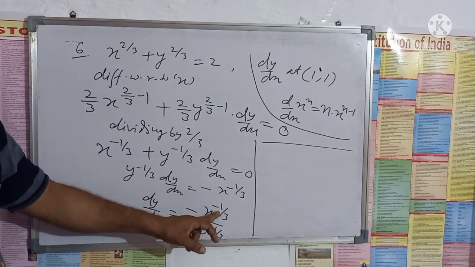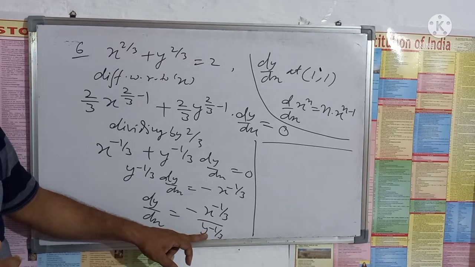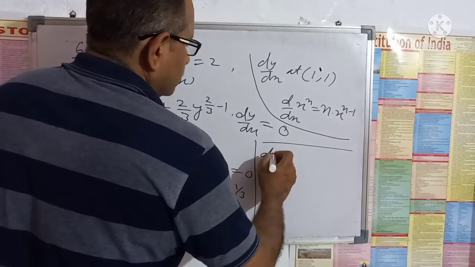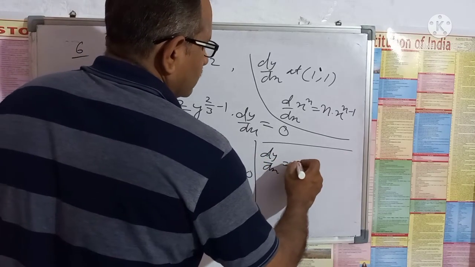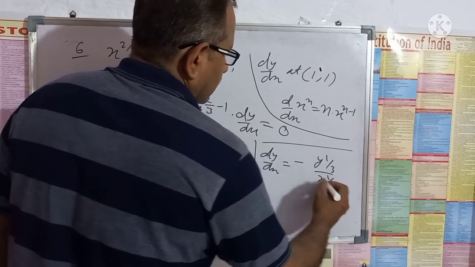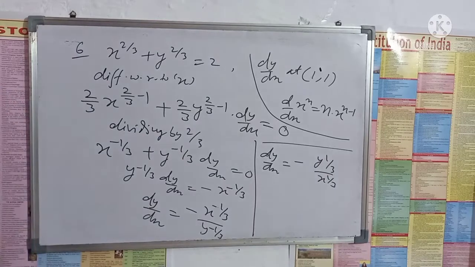Make the power positive: take y upside and x downside. So when we take y upside, it will be y to the power plus 1 by 3. So dy by dx is minus y to the power 1 by 3, and take x in the denominator, so in this minus 1 by 3 it will be plus 1 by 3.